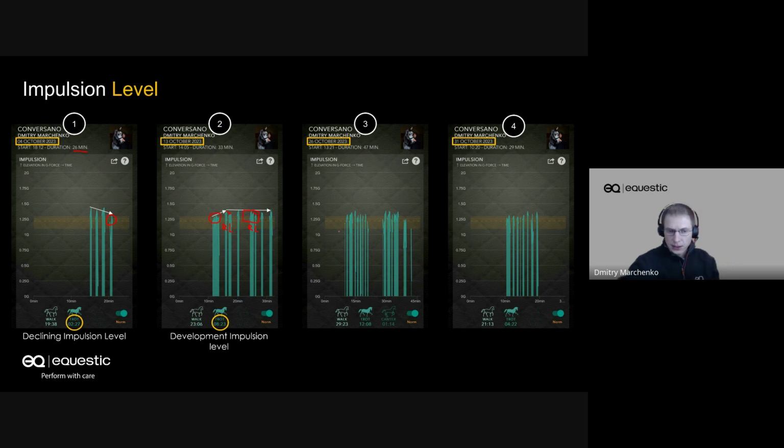Okay, good. So moving forward, you can see if we increase from 8 minutes of trot to 12 minutes of trot, the horse still performs good in the middle, the same pattern of warming up and then a little bit steady and then even increasing with some exercises. But then again, it happened that there is a decline in impulsion.